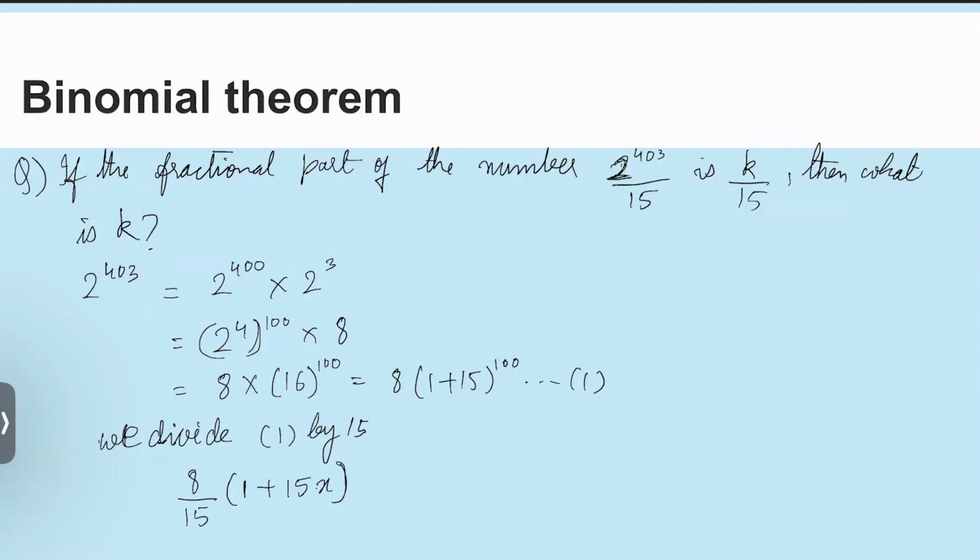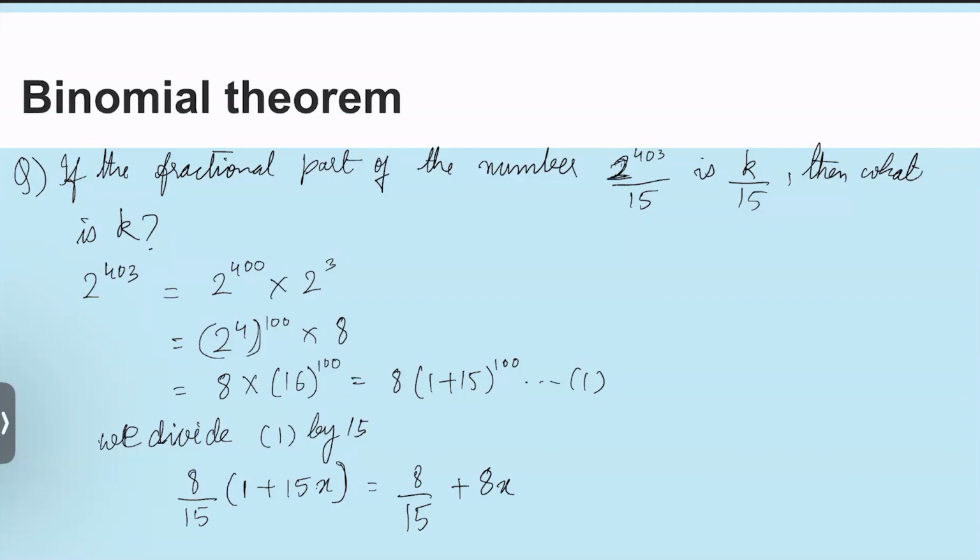So if you multiply with 8 by 15 inside the bracket, what you get is 8 by 15 plus 8x. Okay, so in the question we have said that the fractional part of the number 2 raised to 403 divided by 15 is k by 15.